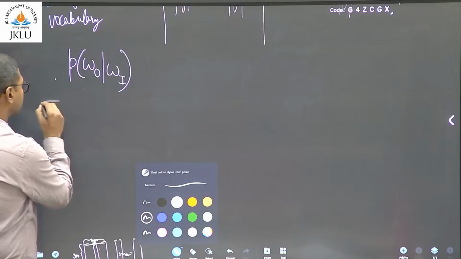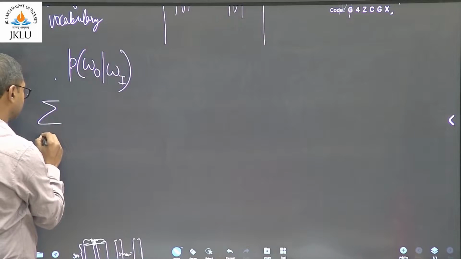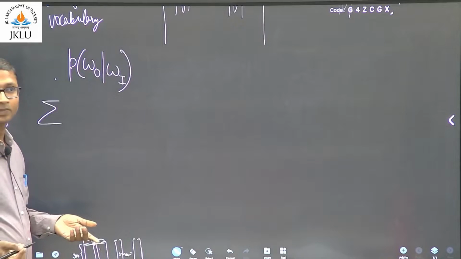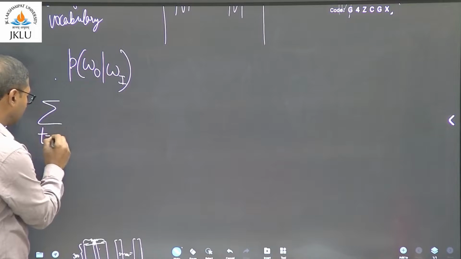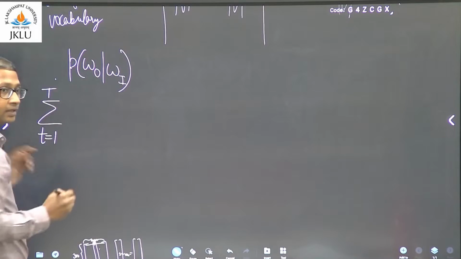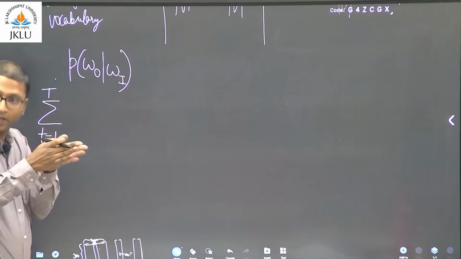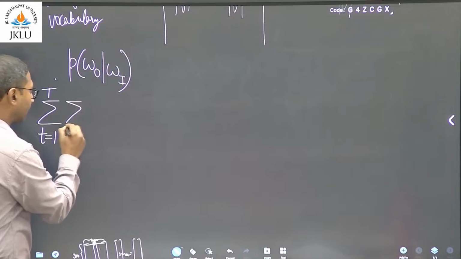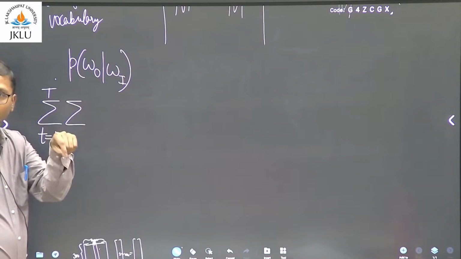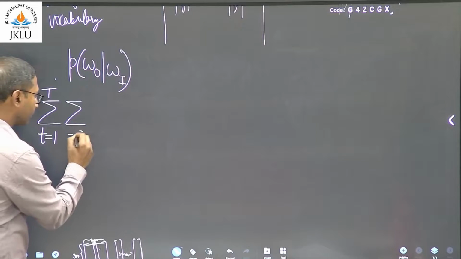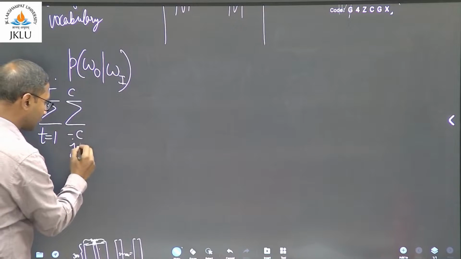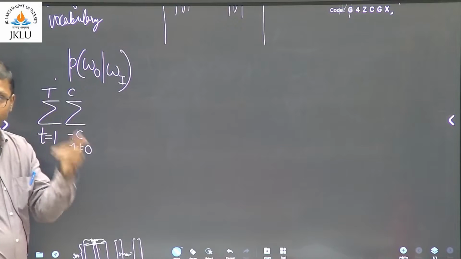Summation t equal to 1 to capital T, this gives me an iteration over the whole corpus, and then for every center word in the corpus I am going to take minus C to C, so j equal to minus C to C and j not equal to 0.